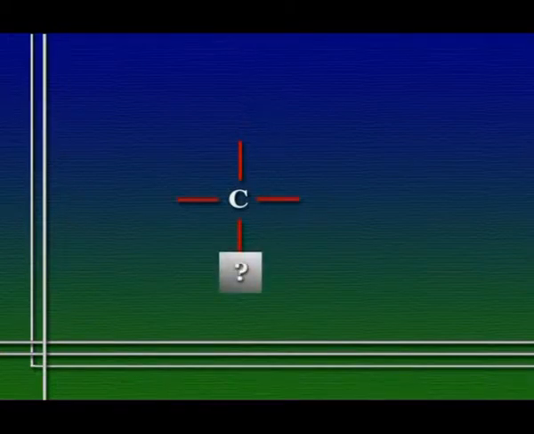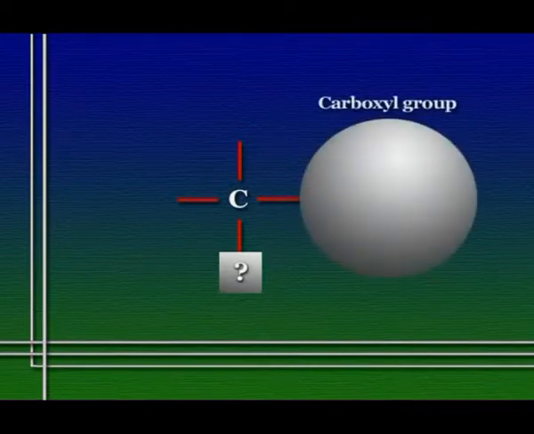At the center of an amino acid is a carbon atom. This carbon atom is surrounded on three sides for all amino acids by the same three things. And then on the fourth side, it has something different attached depending on which amino acid it is. The three parts of an amino acid that are always the same are first a so-called carboxyl group.